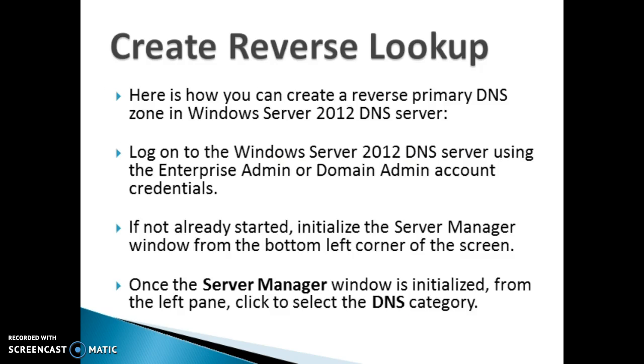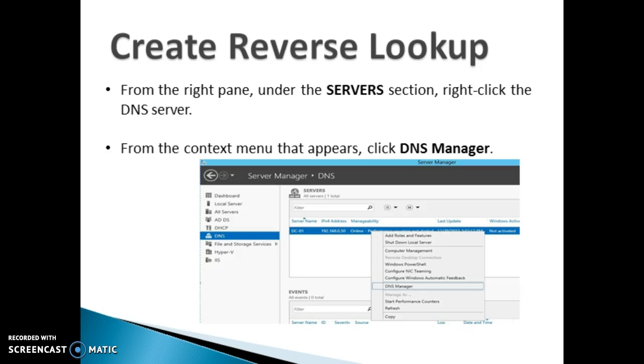If not already started, open Server Manager from the bottom left corner of the screen. Once the Server Manager window comes up, go to the left pane and click on the DNS category.